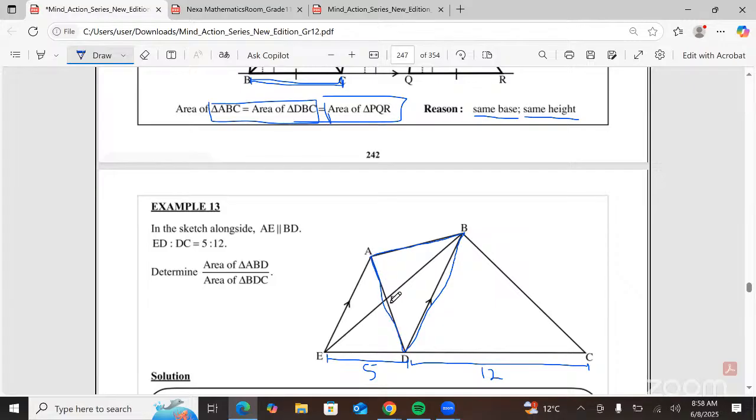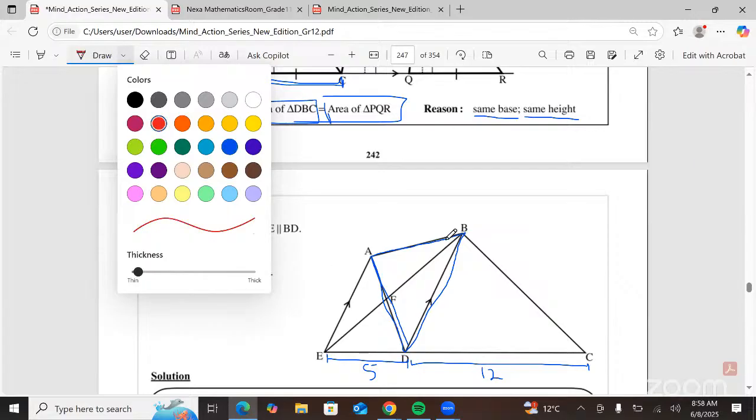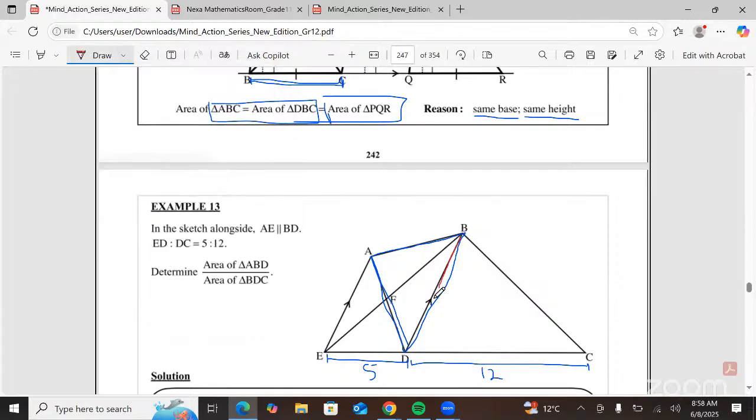And then triangle BDC. Let me change the color. This is BDC. So now we want the blue one over the red one.